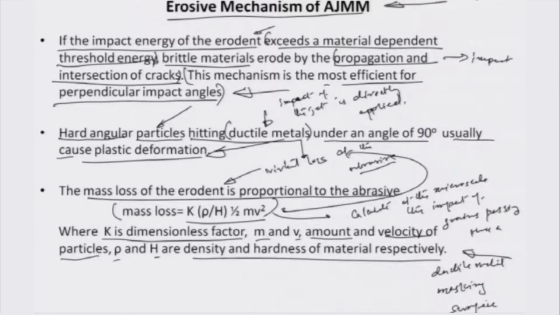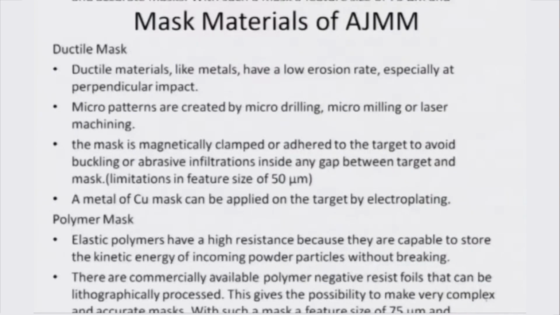Let us look at some other examples for mask materials as conventionally used in the AJMM process. So, particularly for abrasive jet micro machining, you can use either ductile masks or you can use polymeric masks. There are certain advantages and disadvantages of using both.